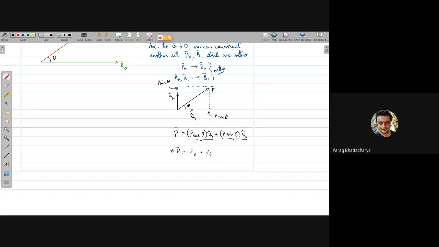Now how do you get this perpendicular component? You can get it from here. The perpendicular component is simply the original vector p minus the parallel component.